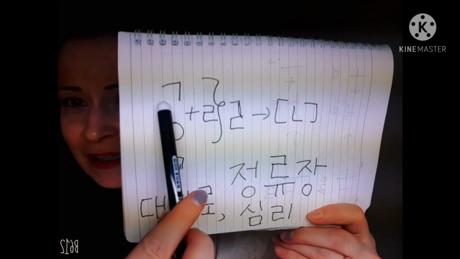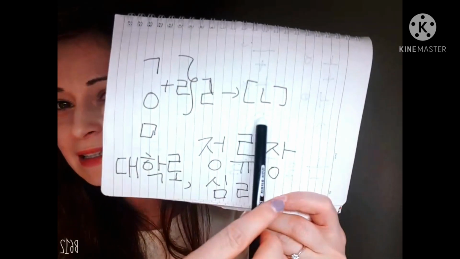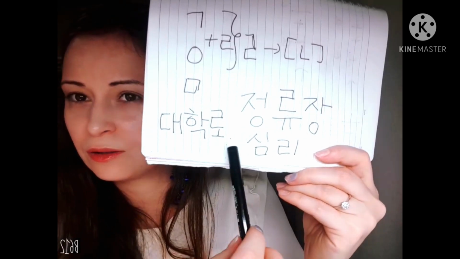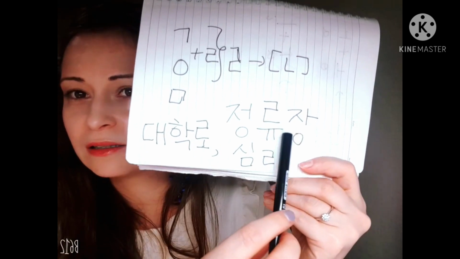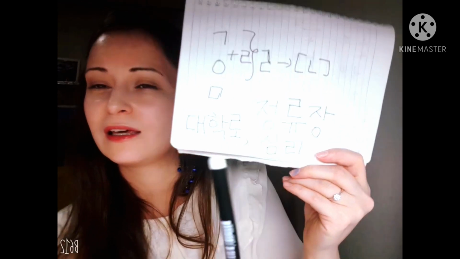When we have final ㅇ or ㅁ plus ㄹ, it is read as ㄴ. For example, 대학로, 정류장, 심리. As you can see, it's easier to pronounce them if they are read a little bit differently.